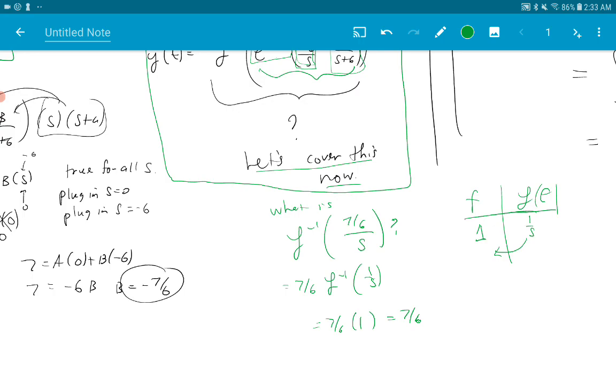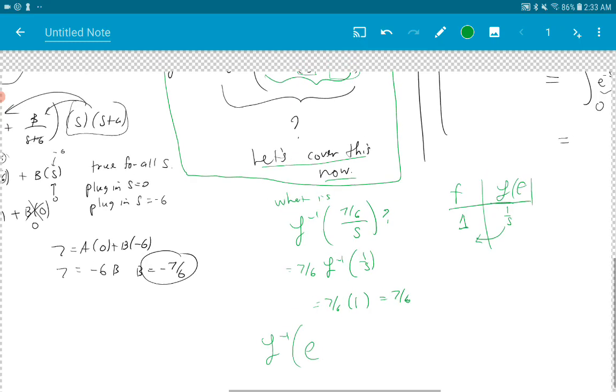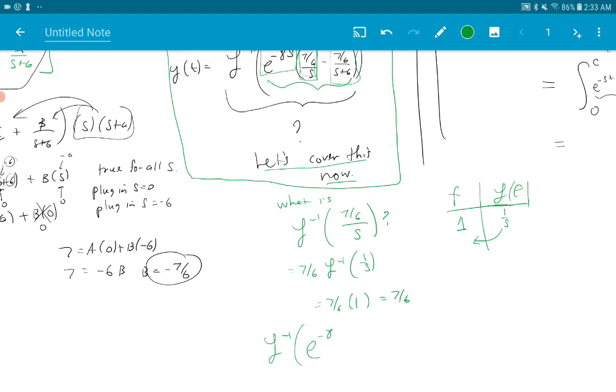But what we just said is that if I want to take the inverse Laplace transform of e to something, in this case we have e to the negative 8s times 7/6 over s. Sorry, that should say negative 8s, I'm going too fast.